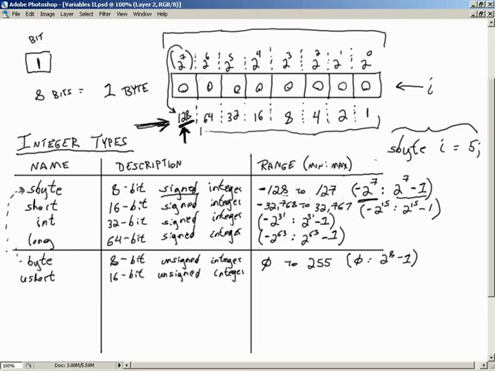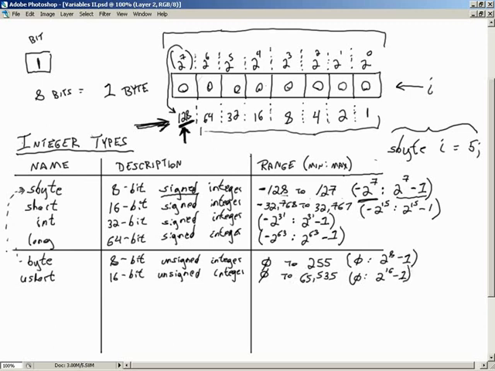Its range is 0 to, and I kind of gave a hint to it when we were talking about the negative 32,000 to 32,000, it is 0 to 65,535. So there's that value. And what does this look like? 0 to 2 to the 16th minus 1.